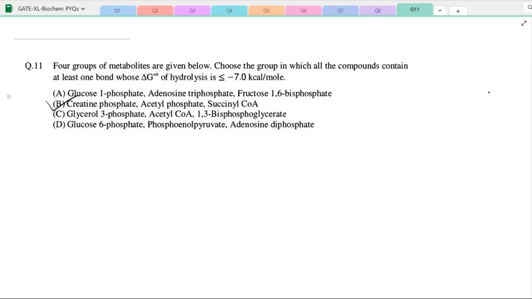They are pretty stable compared to the other metabolites. So in this particular group, all 3 metabolites have at least one bond that has a delta G naught value less than minus 7 kcal per mole. So the correct option here is answer B. Moving on to the next question.